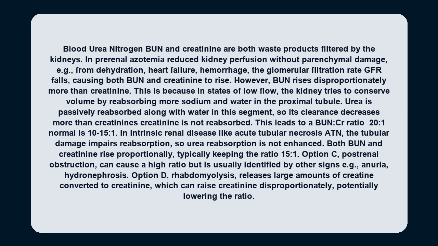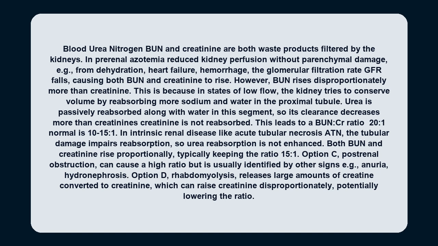In intrinsic renal disease like acute tubular necrosis, ATN, the tubular damage impairs reabsorption, so urea reabsorption is not enhanced. Both BUN and creatinine rise proportionally, typically keeping the ratio below 15:1. Option C, postrenal obstruction, can cause a high ratio but is usually identified by other signs, e.g., anuria, hydronephrosis.